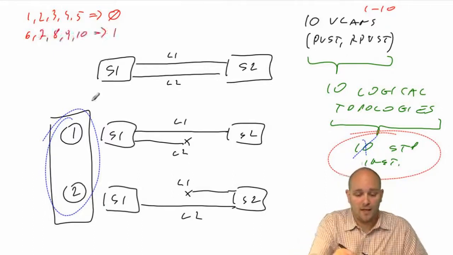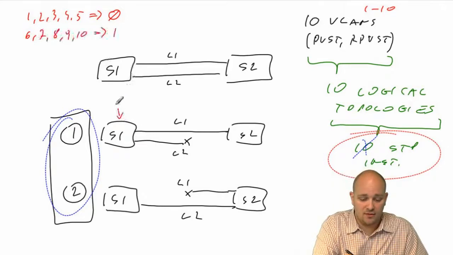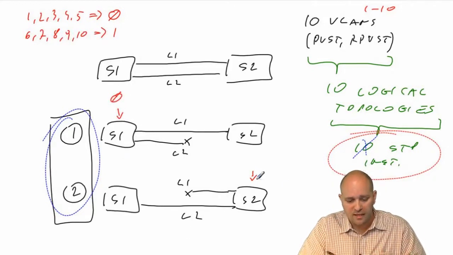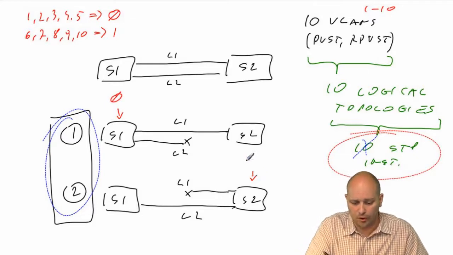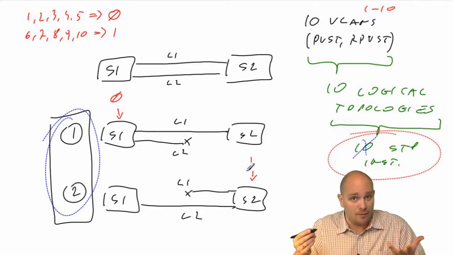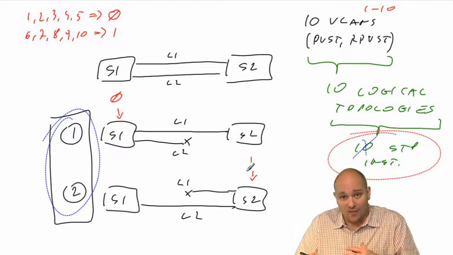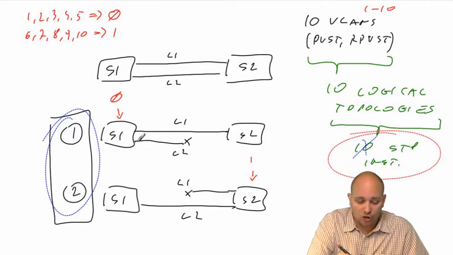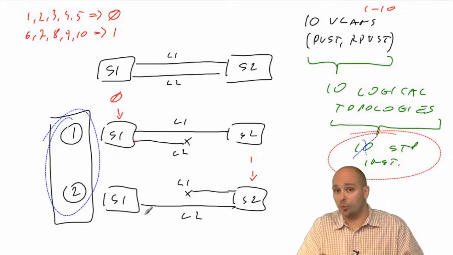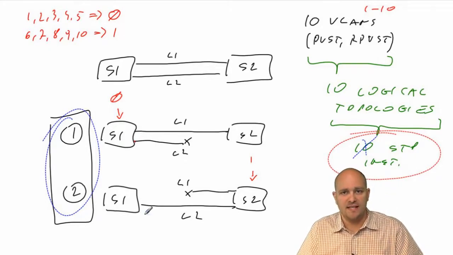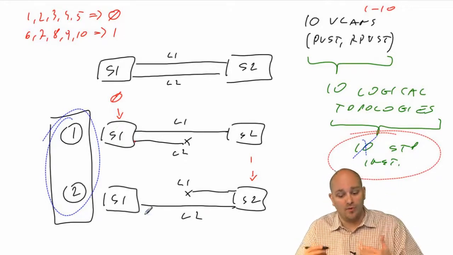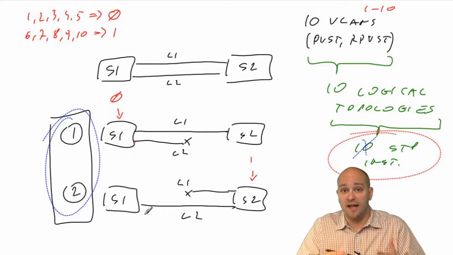Then we could make this switch here root for instance 0, and make this switch here root for instance 1, for example. Based on that, we could also tweak the costs or the priorities on different links and come up with different topologies that actually result in different links forwarding.